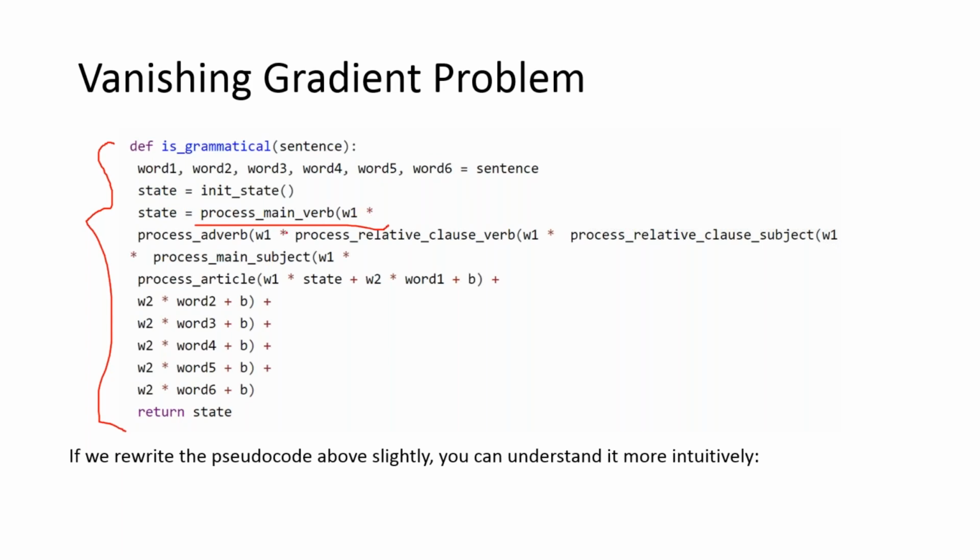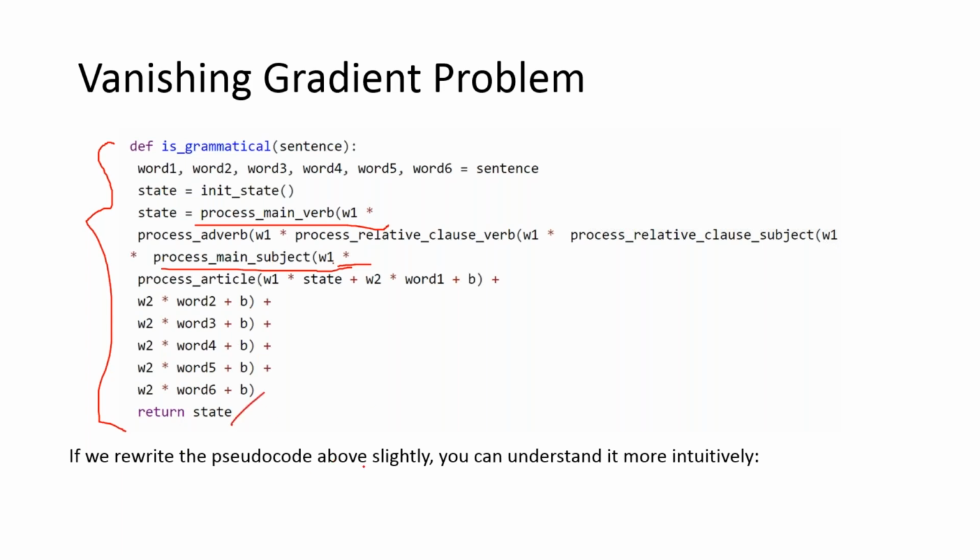That's my function, defined with w1 into process adverb, then w1 into process relative clause verb, w1 into process relative clause subject, w1 into process main subject, and then inside that again w1 into. So you go deeper and deeper for each word, and then you finally get the state.